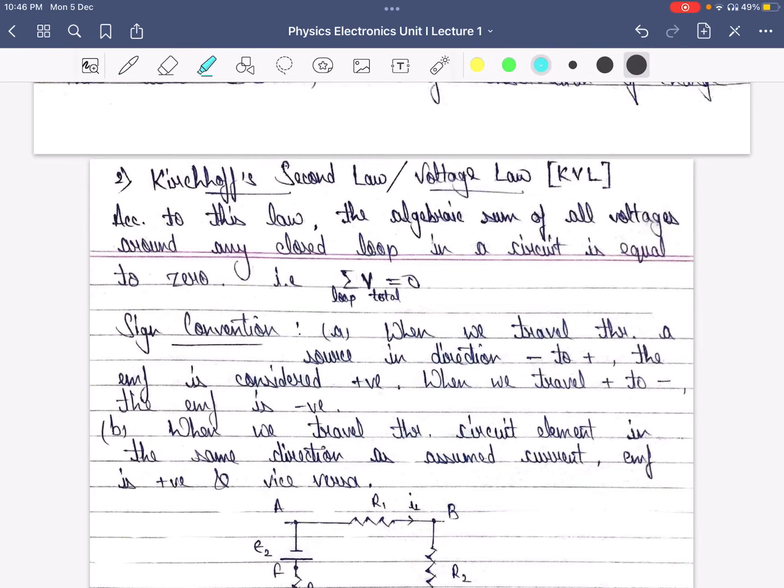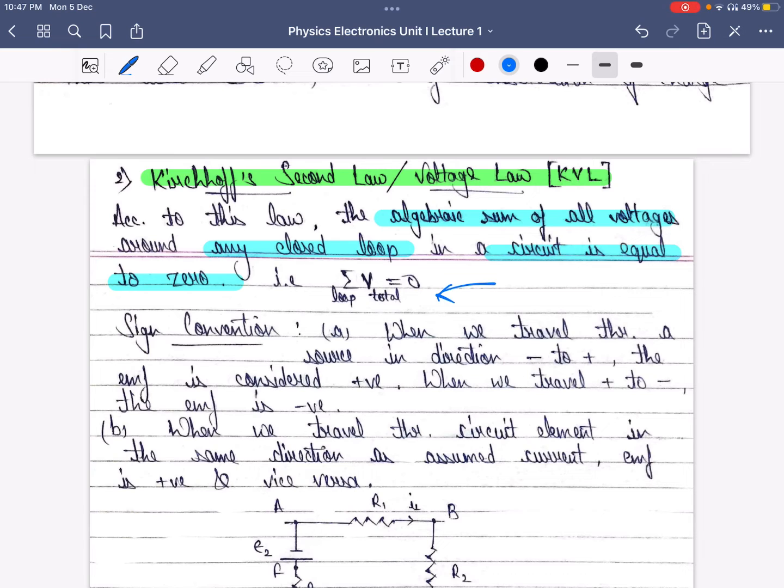The second one is Kirchhoff's second law or the voltage law, KVL. According to this law, the algebraic sum of all voltages around any closed loop in a circuit is equal to 0. That is, summation of V total for any particular closed loop is equal to 0.